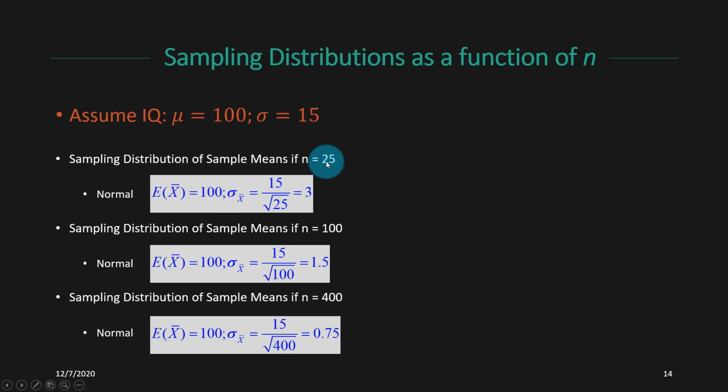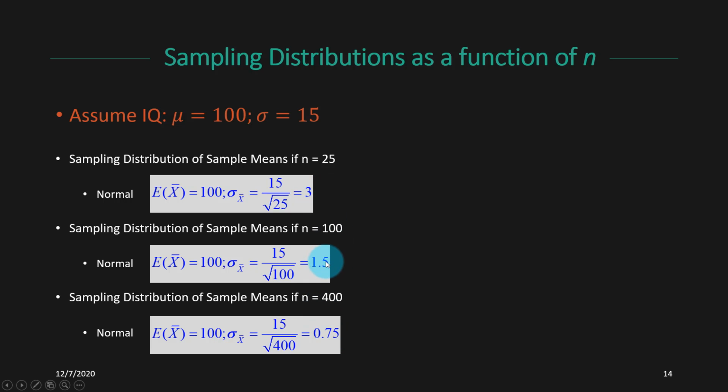So when our sample size is only 25, the original population standard deviation is 15. We divide that by the square root of 25, so our standard error is 3. If our sample size goes up to 100, now we take 15 divided by the square root of 100, and our standard error is 1.5. If our sample size is 400, so that's getting quite large, our standard error is only going to be 0.75, which is 15 divided by the square root of 400.